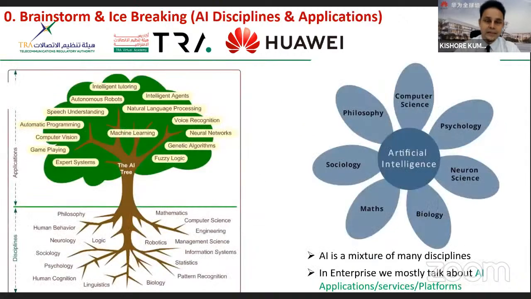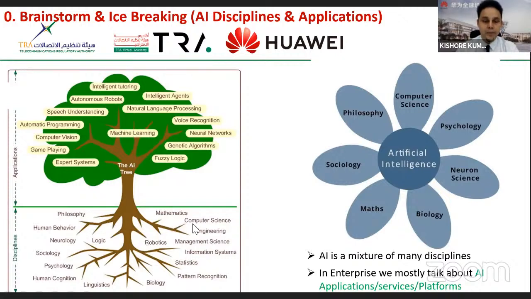Right, so what is AI anyway? If you ask an academic and if you ask an AI application developer, you might get different answers, right? But as you can see from our AI tree picture here at the left, the whole discipline is actually a blended discipline. As you can see, the root of the AI tree is diverse. It's a mixture of many different disciplines.